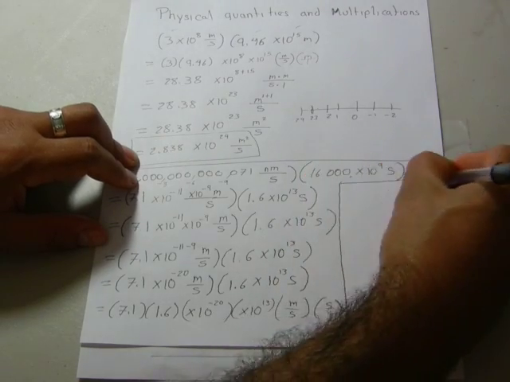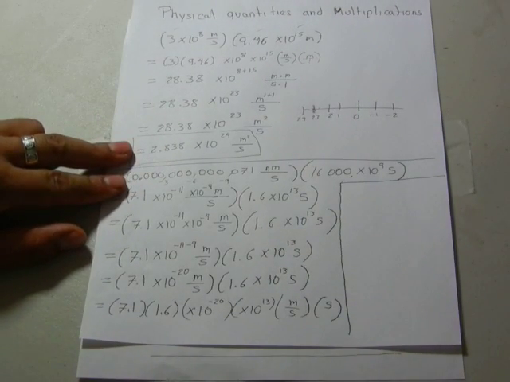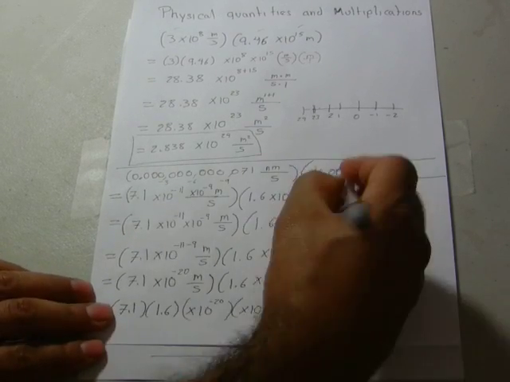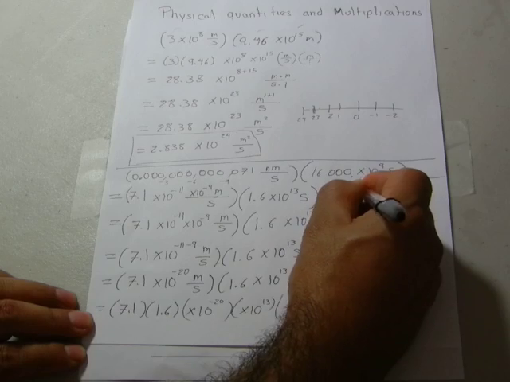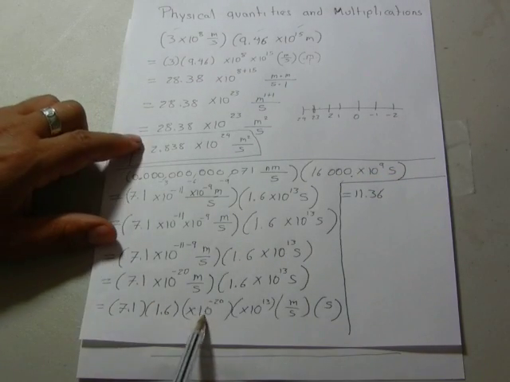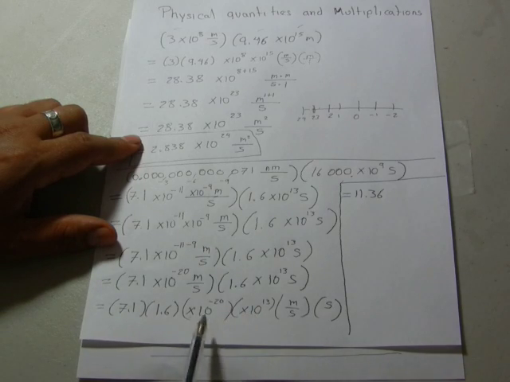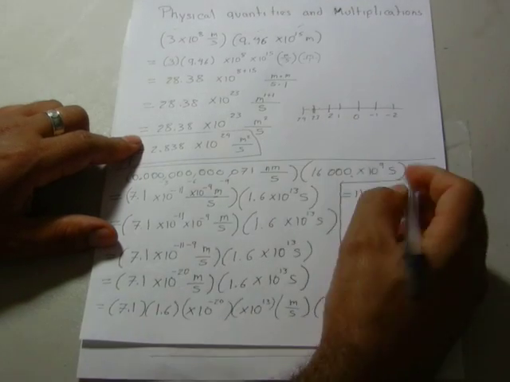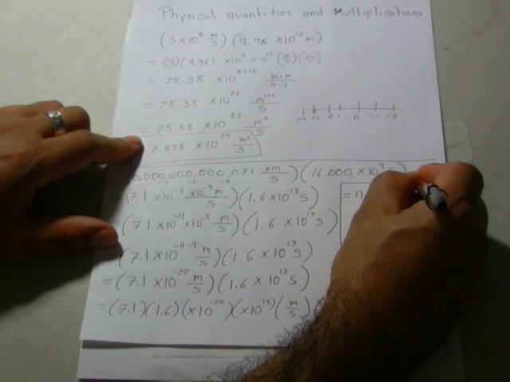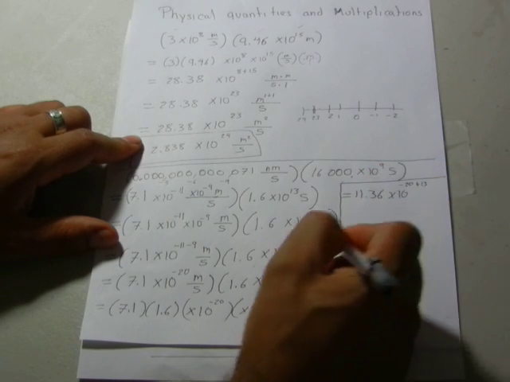I'm going to be writing here. So 7.1 times 1.6 is going to be 11.36. Now multiplication with the same base, we add the exponents: 10 to the -20 plus 13.